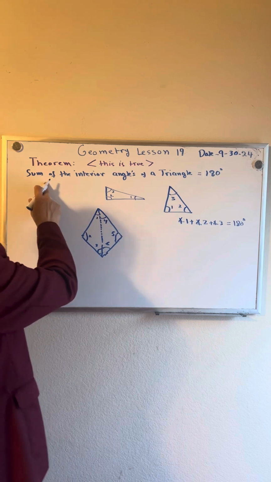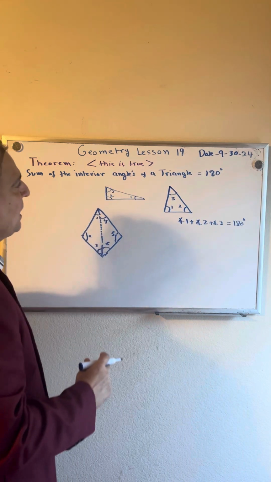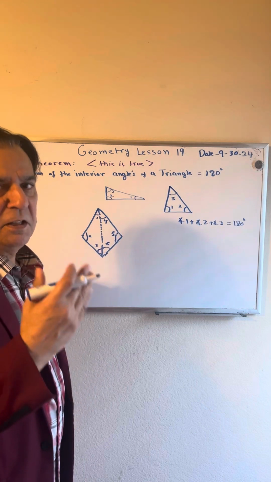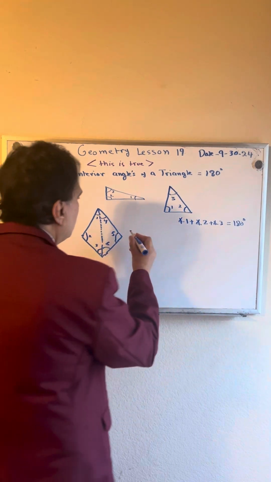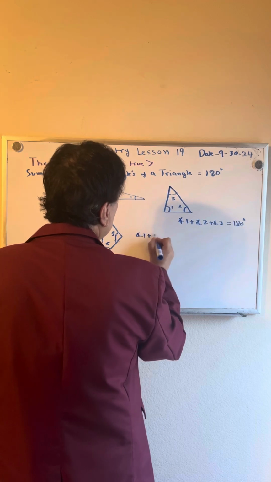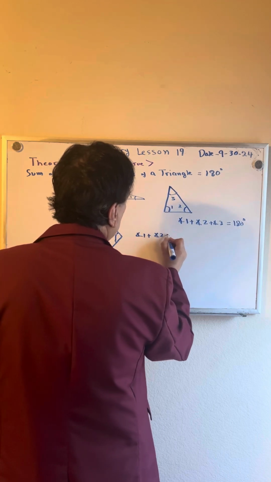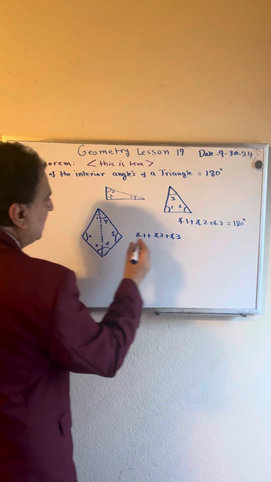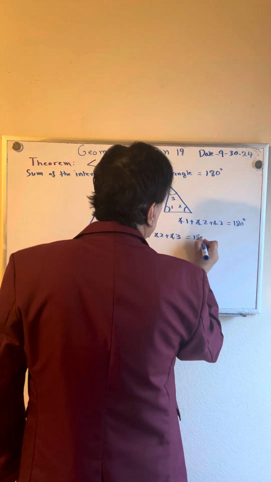We already stated that the sum of the interior angles of a triangle is 180. So if you have two triangles, let me write it down: angle 1 plus angle 2 plus angle 3 is 180 degrees.